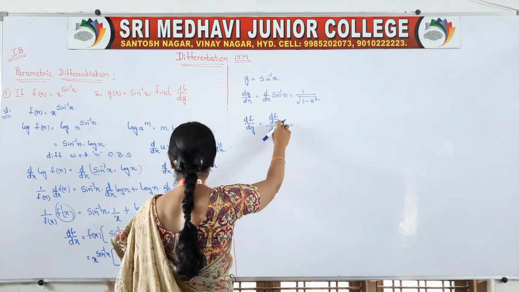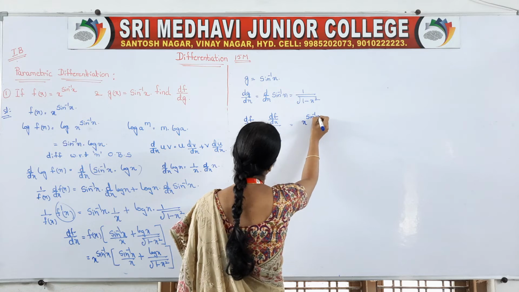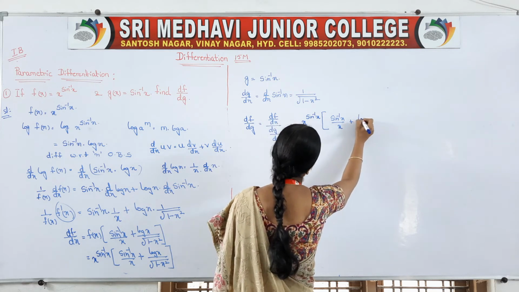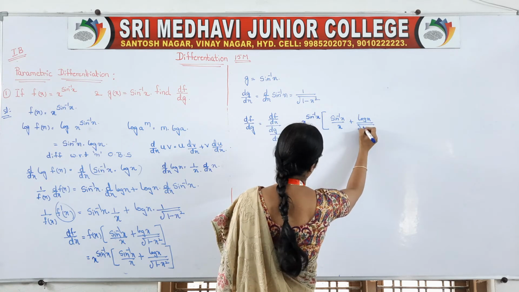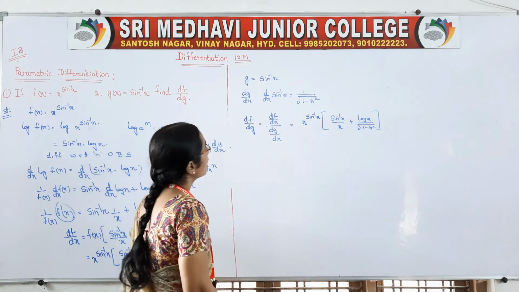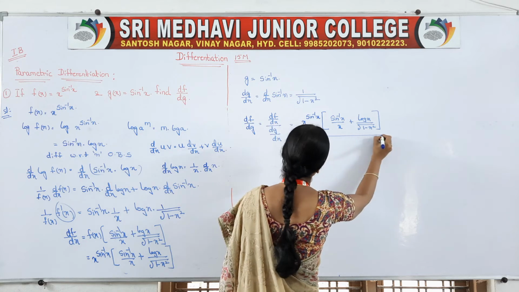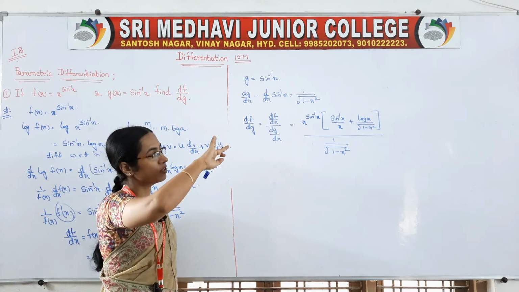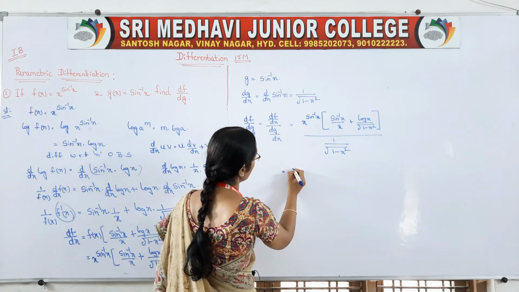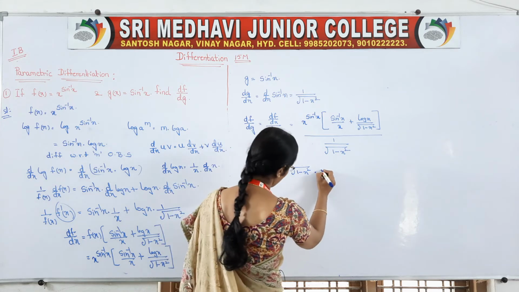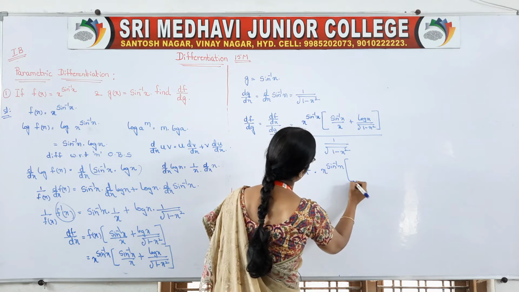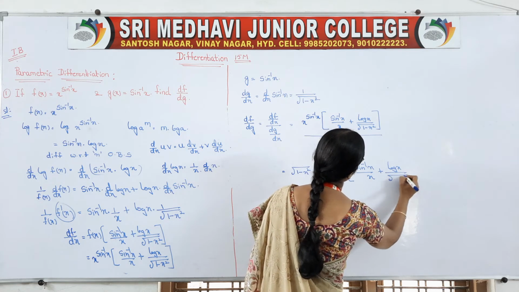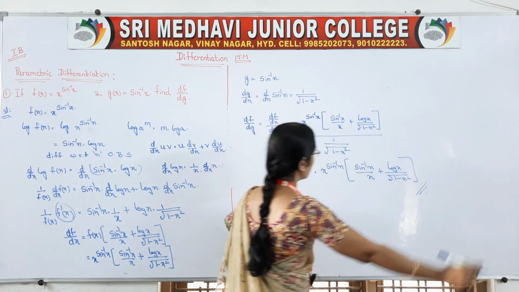So df by dx is x to the power of sine inverse x into sine inverse x by x plus log x by root of 1 minus x square, divided by dg by dx, that is 1 by root of 1 minus x square. If you send it upwards, it will be reversed. So at the end, it is root of 1 minus x square into x to the power of sine inverse x into sine inverse x by x plus log x by root of 1 minus x square. That is the answer to your question.